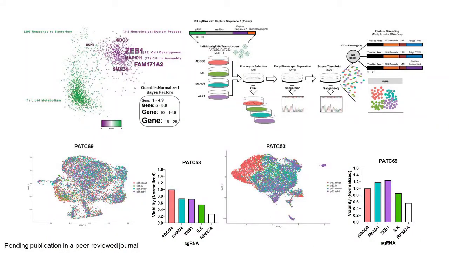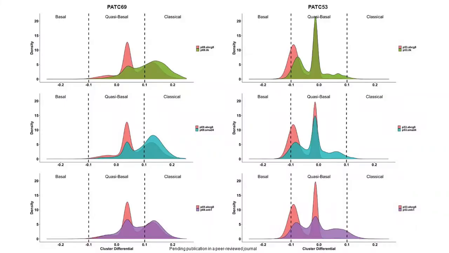So when we look at this a little bit closer and overlay it with our cluster 1 and 23 anti-correlating signature, what we see on the left for PAT69, within the negative control, is a large peak for a large population of cells having a quasi-basal phenotype, which is something that we showed previously with the unperturbed PAT69 cells as well.